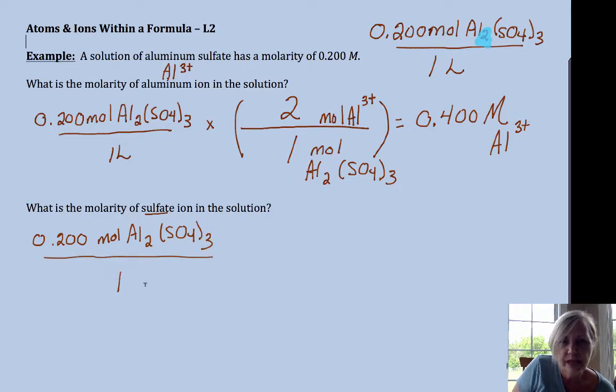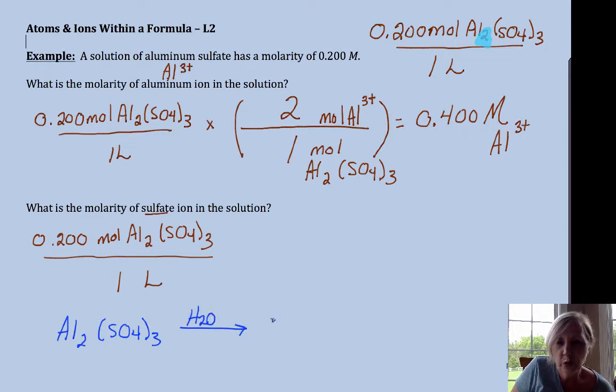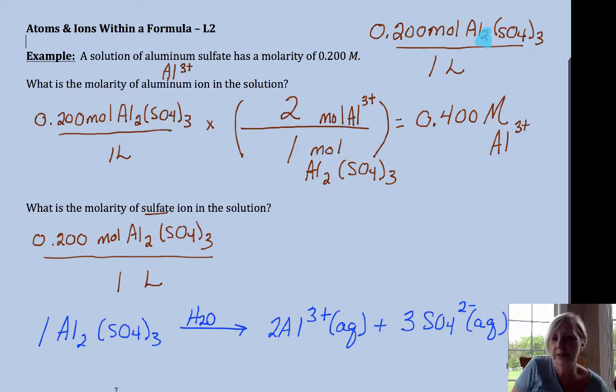Okay, if you wanted to, instead of just looking at the subscripts, write the dissociation reaction in water, so if I took that solid and put it into water, I'd get 2 aqueous aluminum ions, and I would get 3 aqueous sulfate ions for every 1 aluminum sulfate.